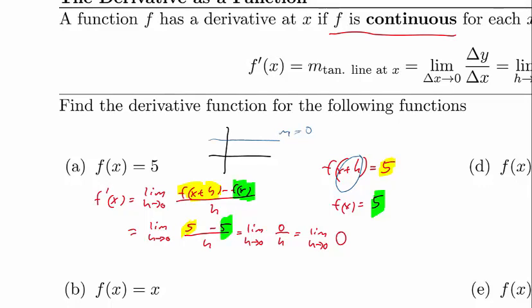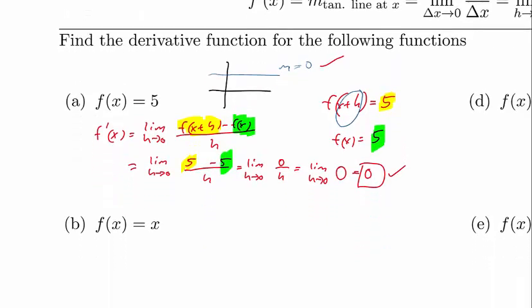Right? 0 is a constant. So the limit as h goes to 0 of 0 is just 0. The limit of a constant is just a constant. And that is exactly what we were expecting. Okay, good.